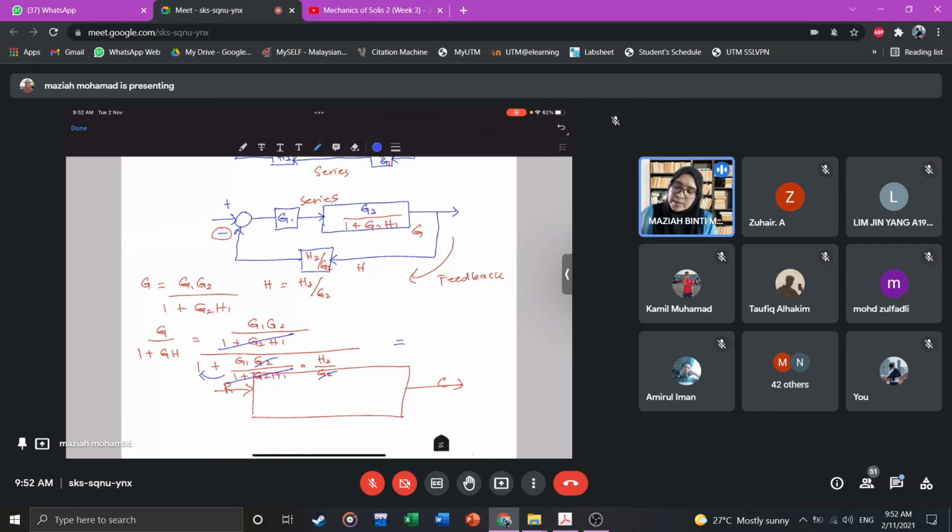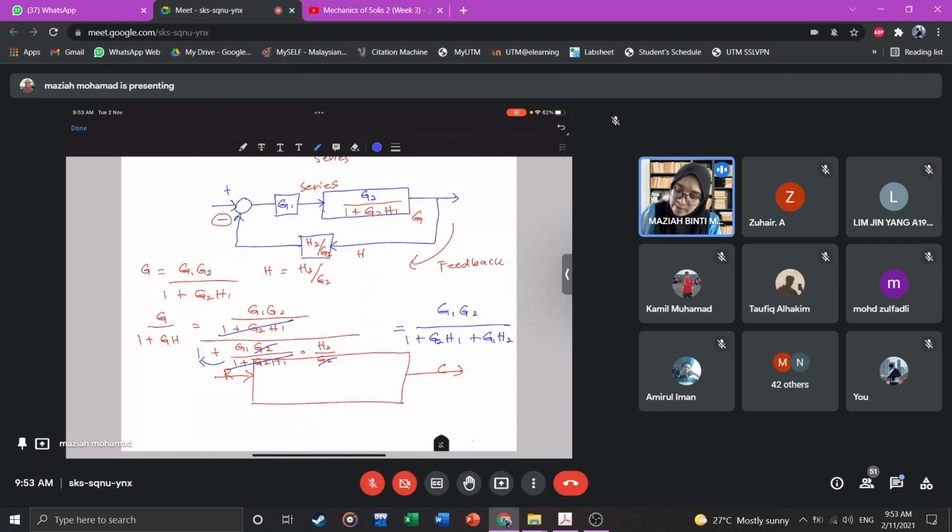So it will leave us with G1 G2 over 1 plus G2 H1 plus G1 H2. Okay, so that will be our final transfer function: G1 G2 over 1 plus G2 H1 plus G1 H2.